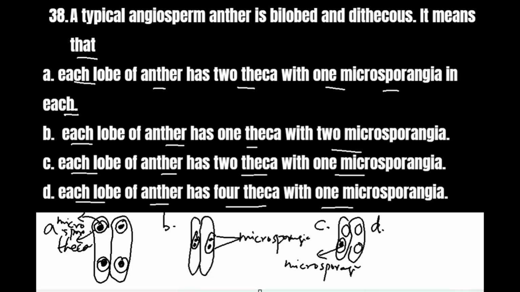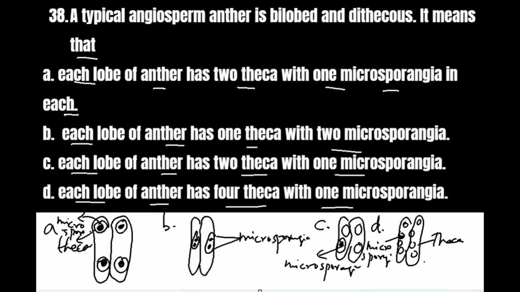And last option D is each lobe of anther has 4 theca, so 1, 2, 3, 4, with only 1 microsporangia.